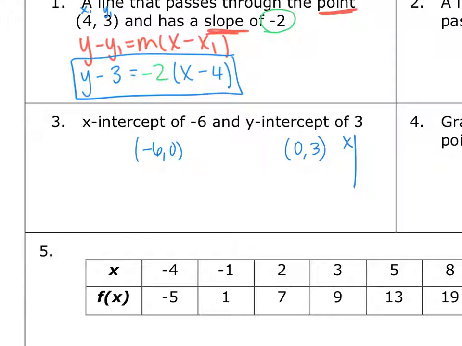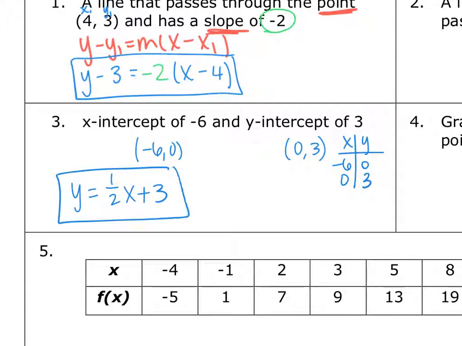So I'm making a table. I click stat, scroll right, option 4, and my equation is 1/2 x plus 3, because a is 0.5 and b is 3. So make sure you've refreshed those stat edit steps.